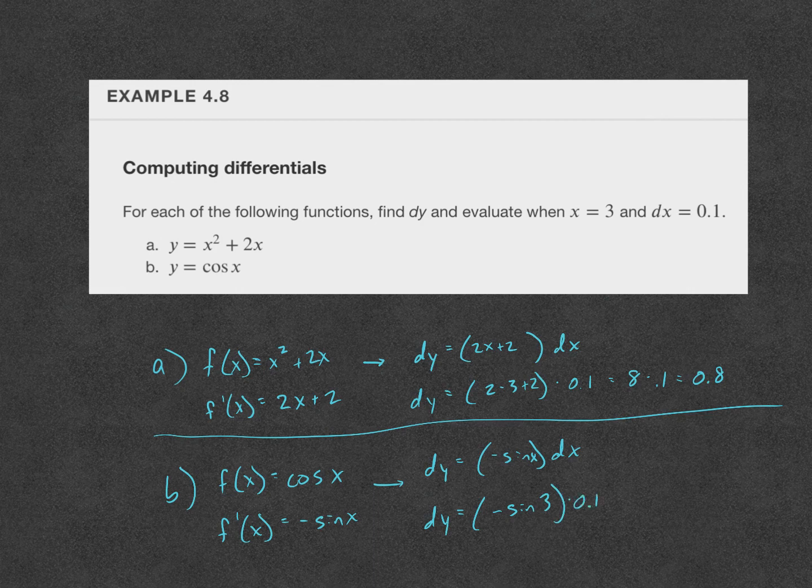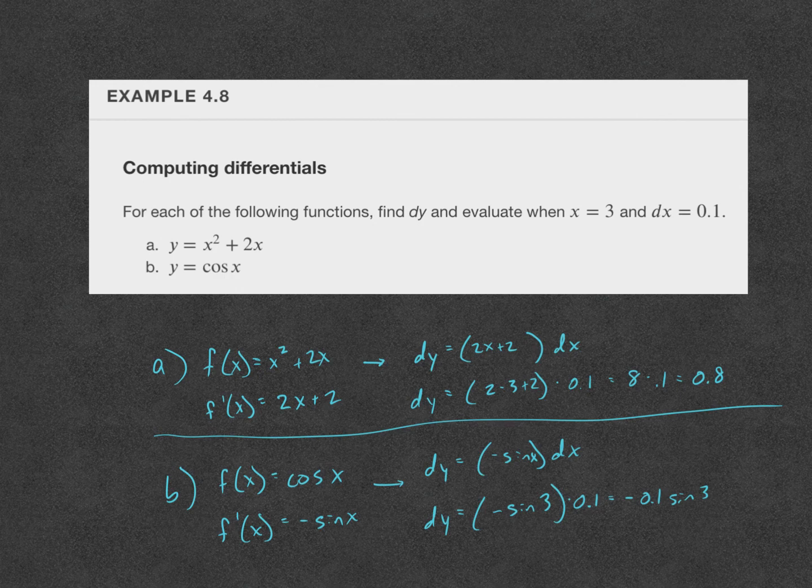And I could clean that up and write negative 0.1 sine 3. If I get it in decimal form, it'll just look real ugly, but that's as much as I want to write with this one. You could type it into your calculator if you want to. The change in y is negative 0.1 times the sine of 3, when the change in x is 0.1. That's how much the y increases or decreases by.